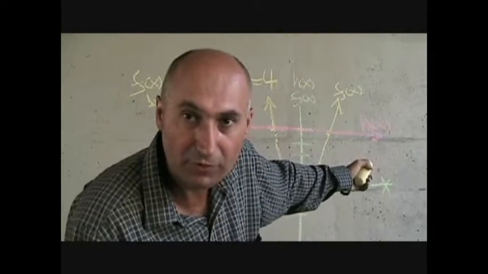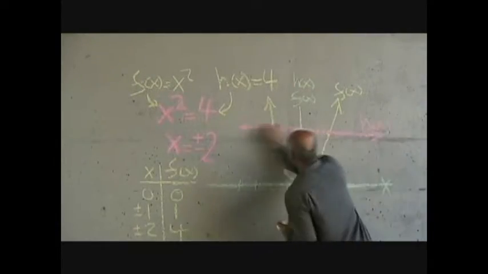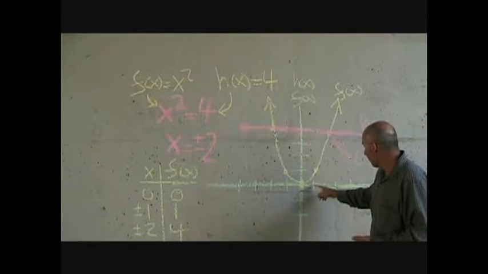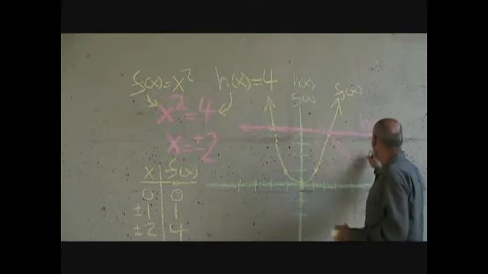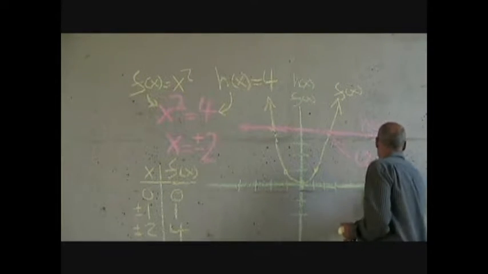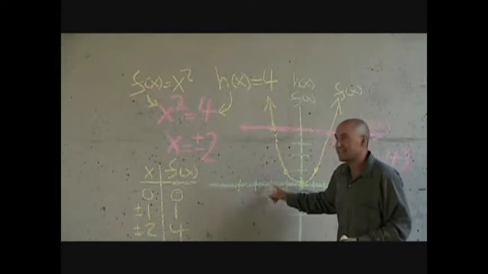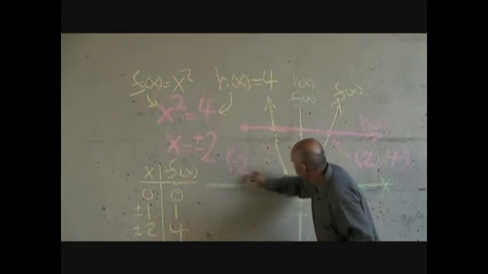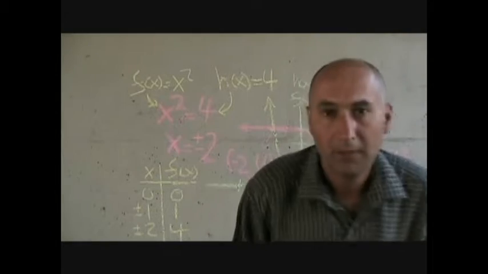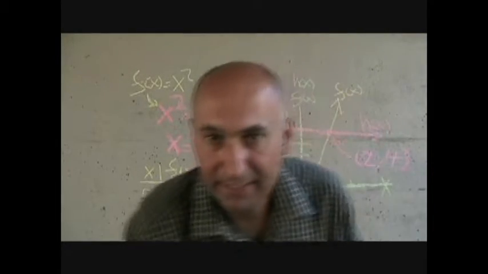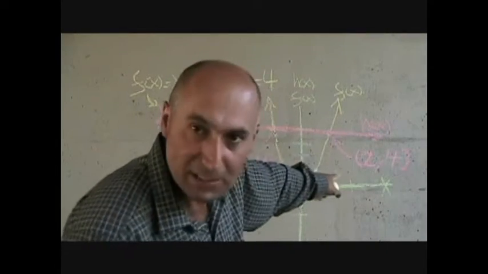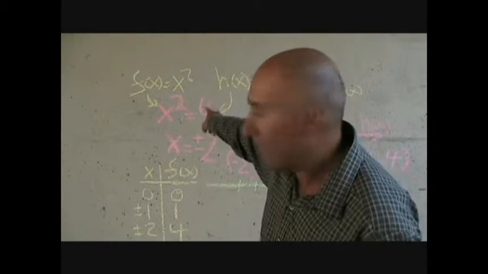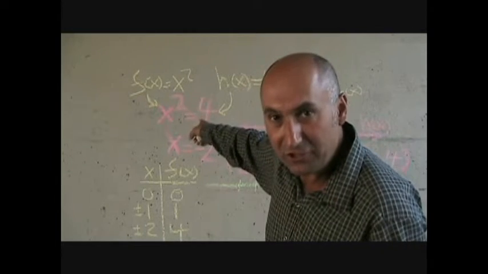And the coordinates for those functions is x is 2, and y is 4. Over here, x is negative 2, y is 4. So what we've done is find the x points where x squared is equal to 4.